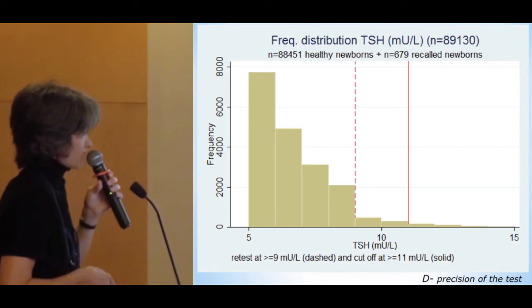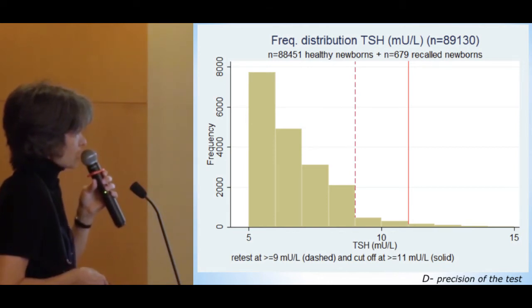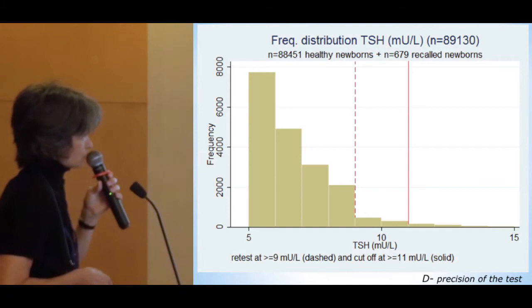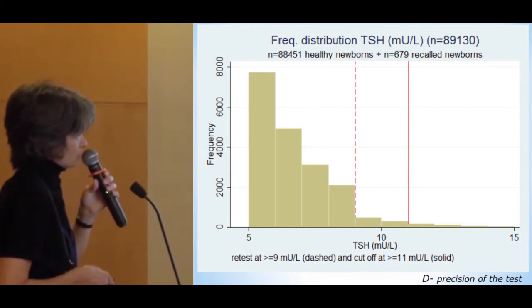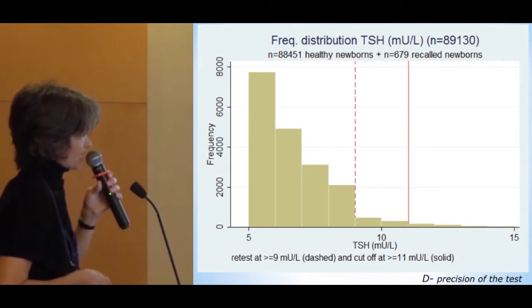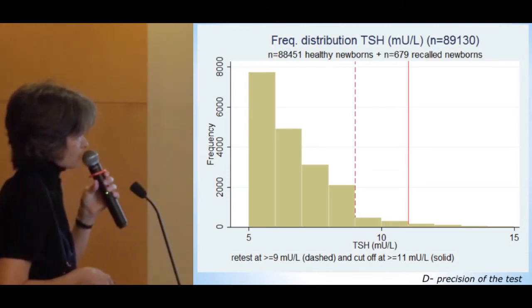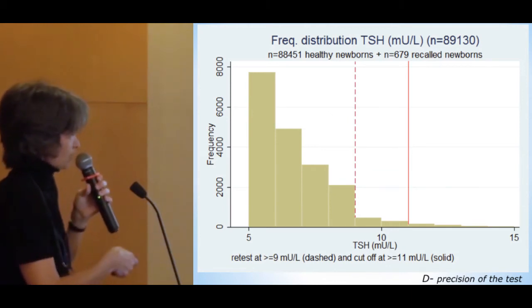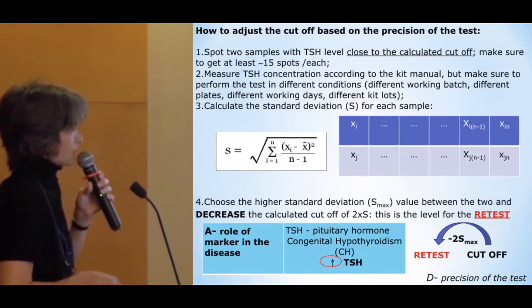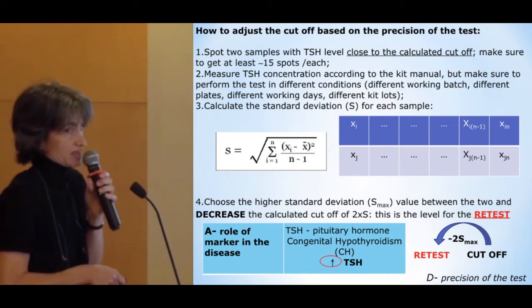Twice the standard deviation in this direction, because we make sure to pick up these values as well, because all the values obtained around the cutoff have to be taken into account. This is already taken into account from the cutoff setting. And this is what we call, and let me go back, okay, the retest, okay?